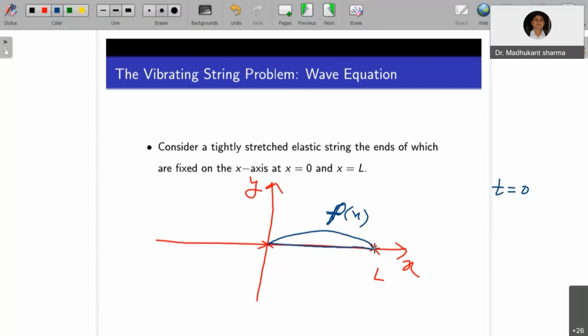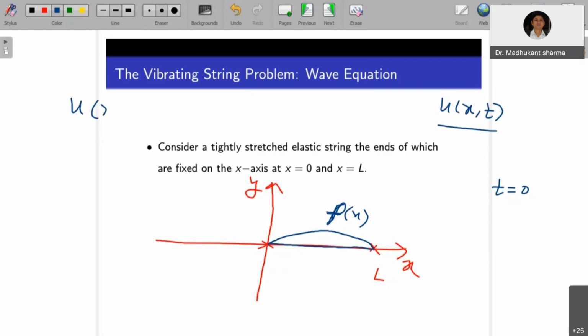I will denote by u of x comma t the vibration of the string at any point x and at any time t greater than 0.